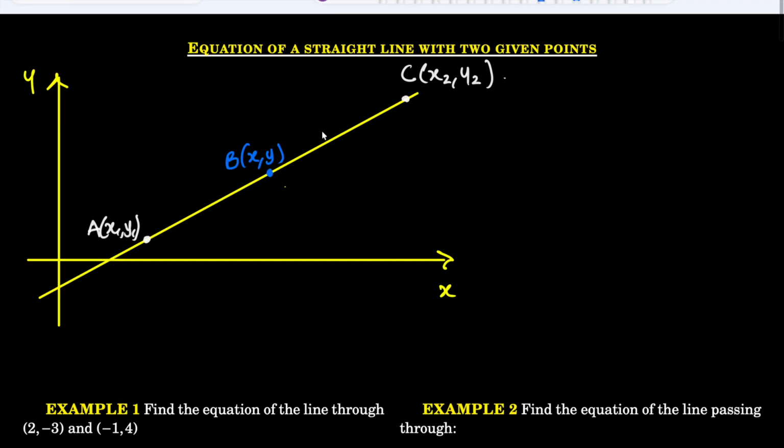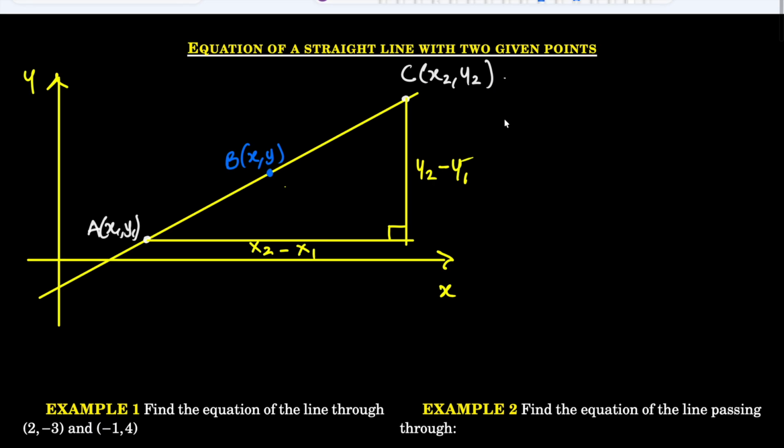Okay, so if we take 2 points at a time, let's say we are trying to take A and C together. So we have a line, then we have this as well. Remember that this is the rise and this is going to be y2 minus y1, and here at the bottom we have the run, which is going to be x2 minus x1.